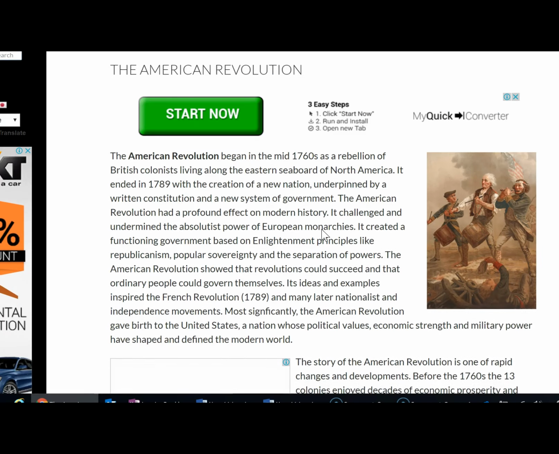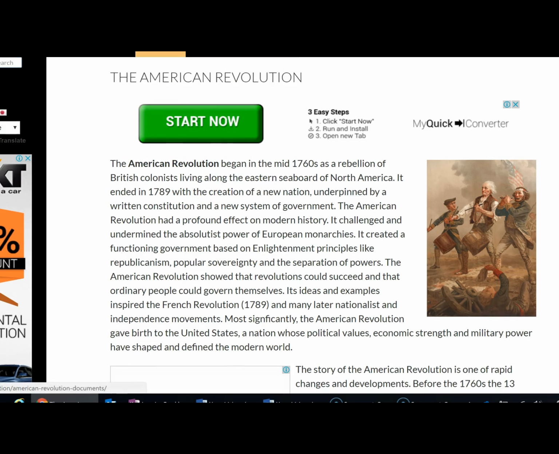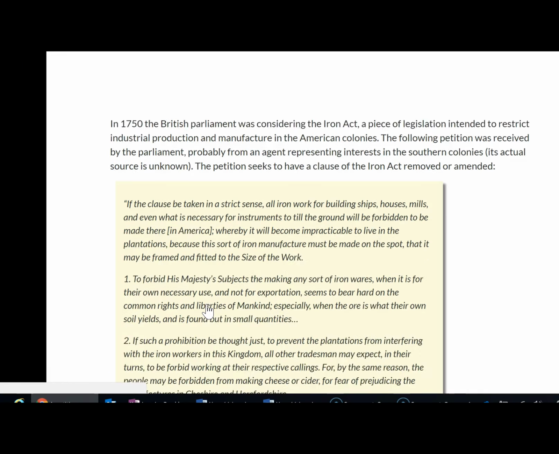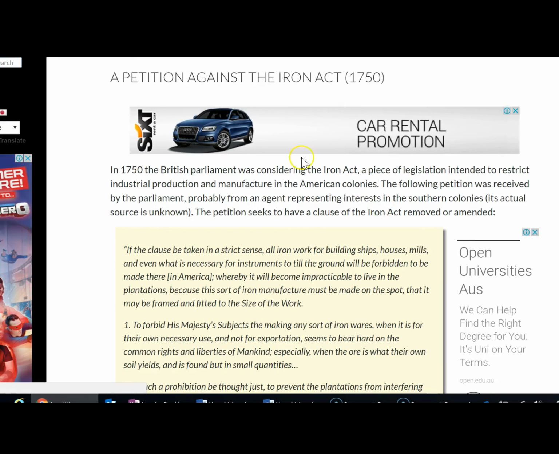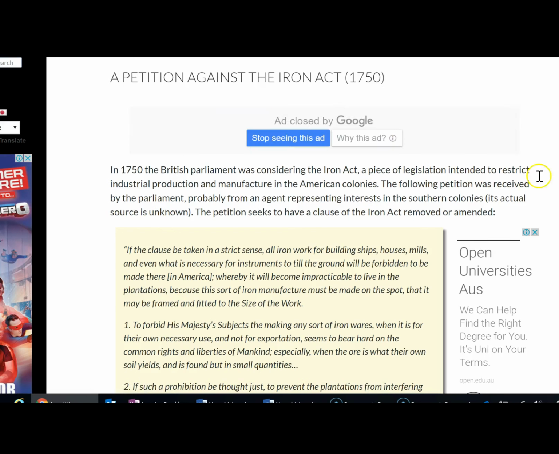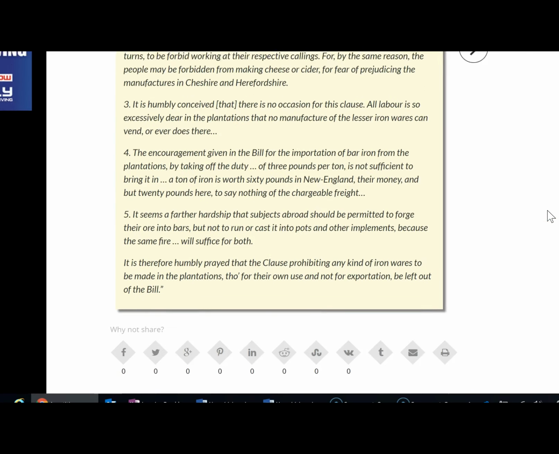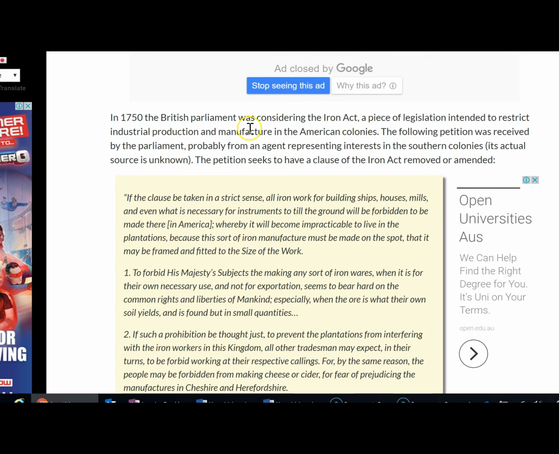Now, if I wanted to go into documents, right, now you'll see here we've got documents, primary documents on the website. So I'll just pull up a random one. Now this one will be different. So if you are going to look at something on a website, just get rid of that ad, then what you'll need to do, if it's a primary source on a website, you'll need to actually kind of look at that. So the origin, or the title would be the Iron Act of 1750.